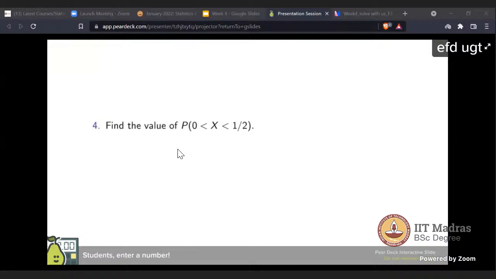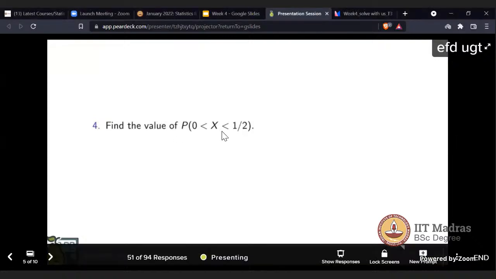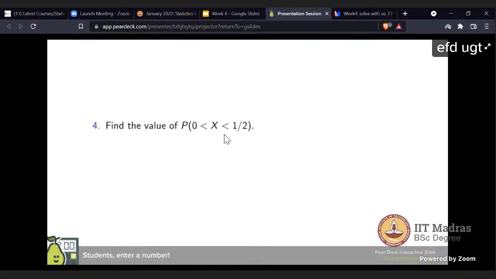If a question comes like find the probability that x lies between A and B, then if the CDF is known to you, it becomes easier to solve. You can directly do CDF of 1 by 2 minus CDF of 0. But if the CDF is not known to you, let's say the PDF is known to you.